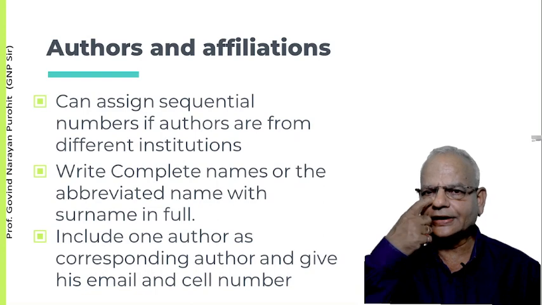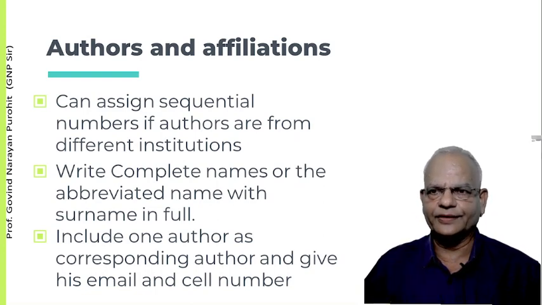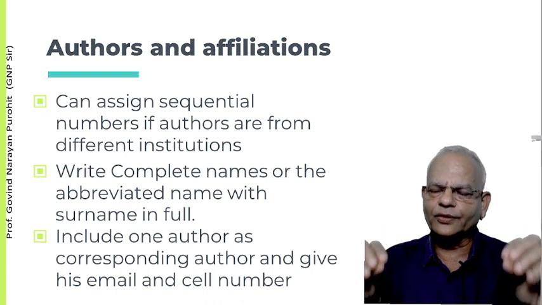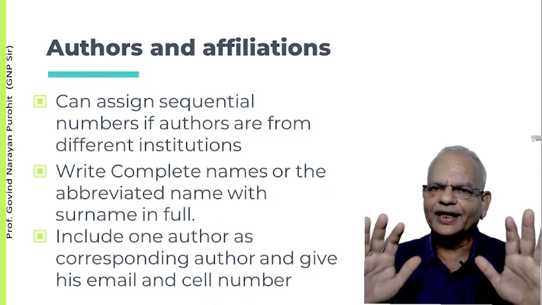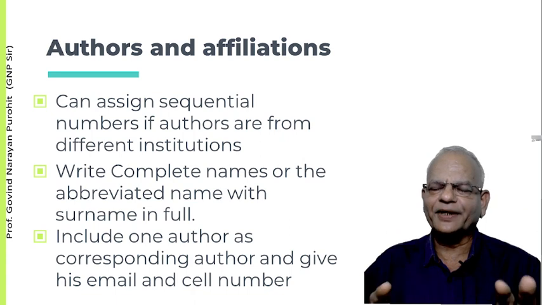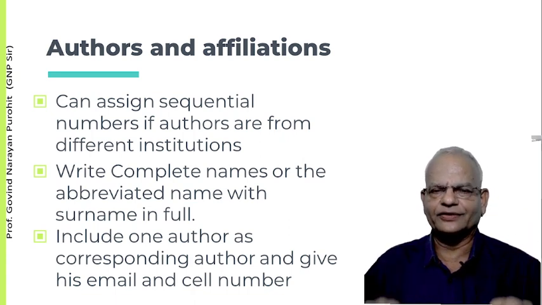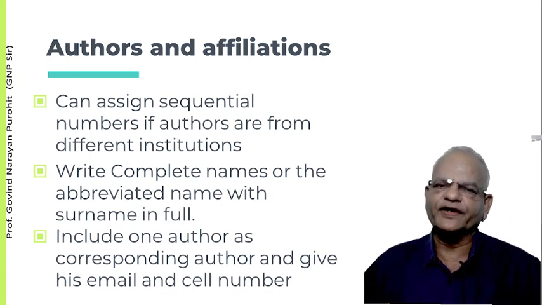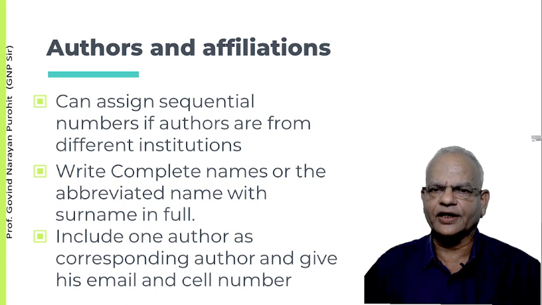The second thing is authors and affiliations. You can include as many authors as you can, but try to include only those who have substantially participated in the research and who have contributed to your research. You can assign sequential numbers to authors from different institutions. There is no limitation on how many authors or institutions there can be.